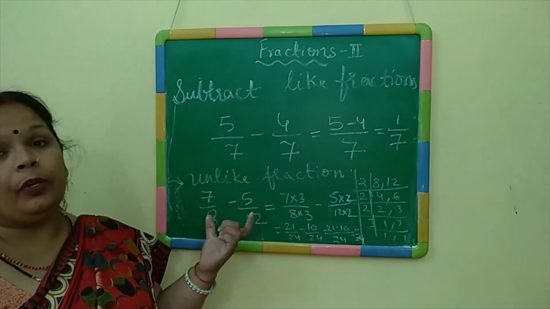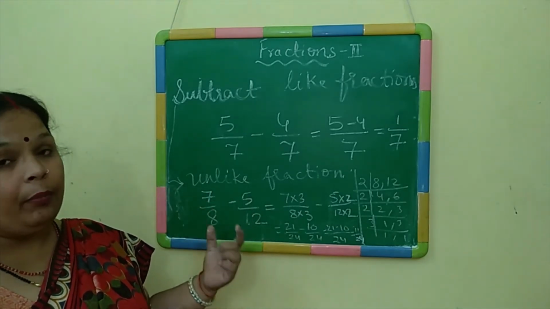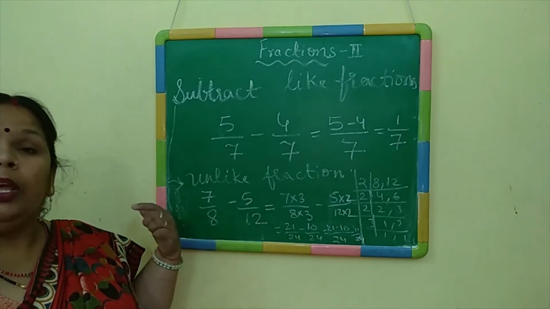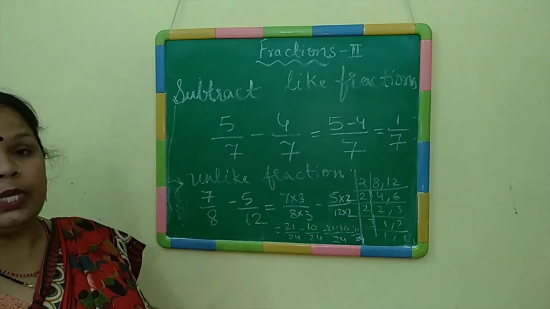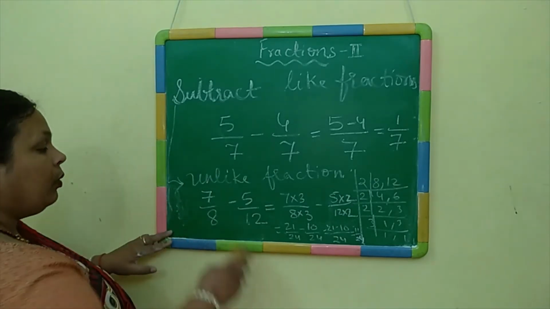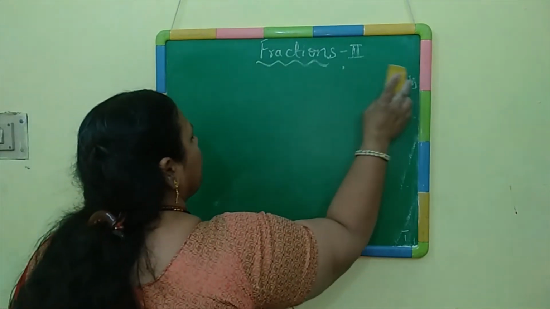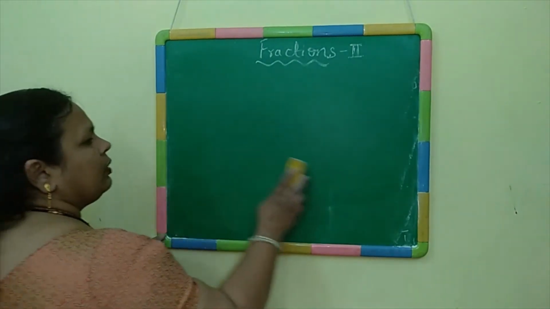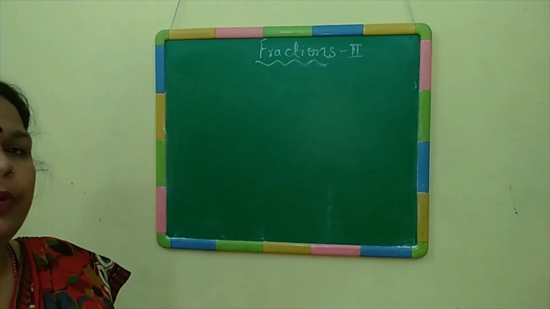After comparing the denominators, find the LCM. If they are unlike, make them like, and then do the addition or subtraction, whatever is asked in the question.